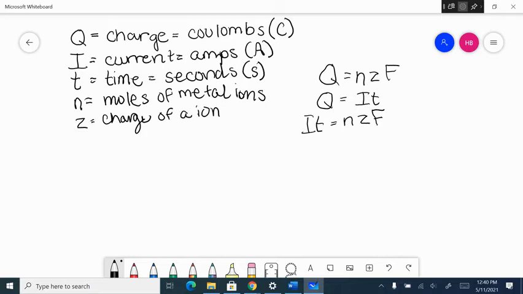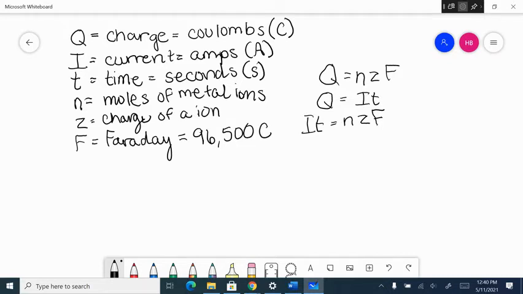So let's add that on there too. F is a Faraday. A Faraday is 96,500 coulombs.